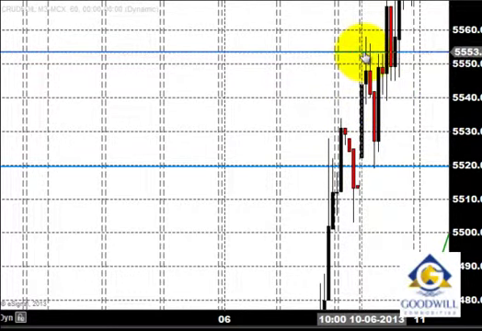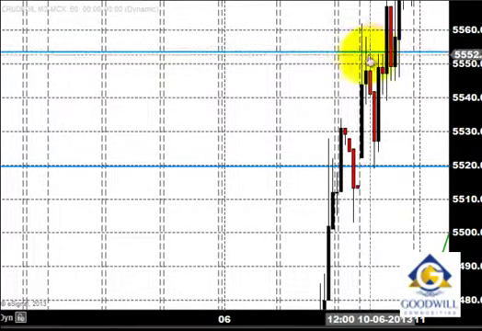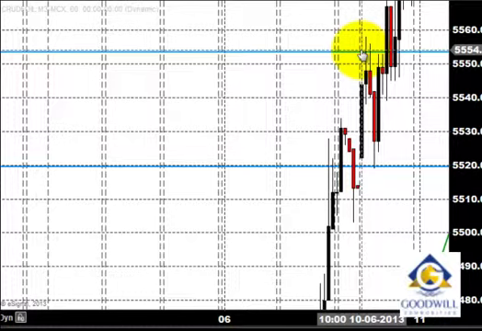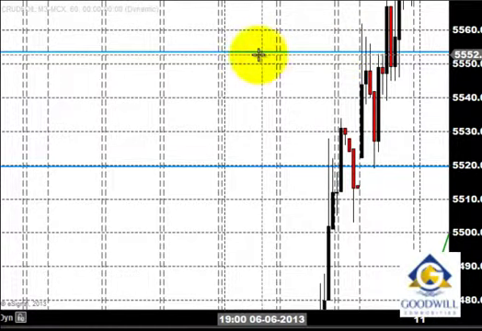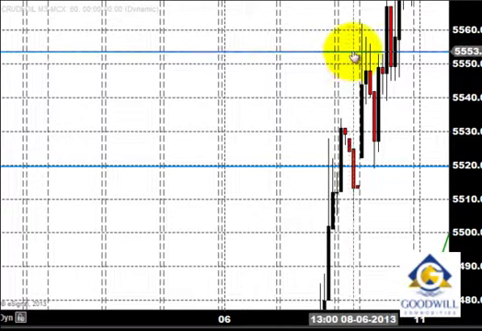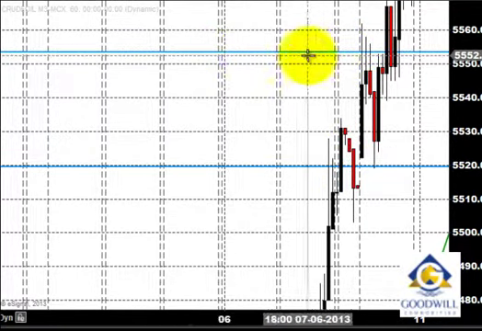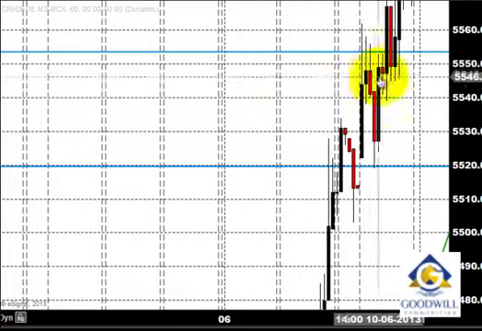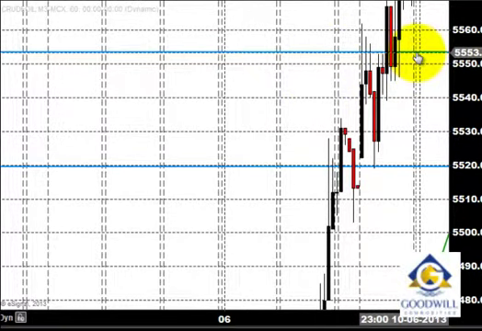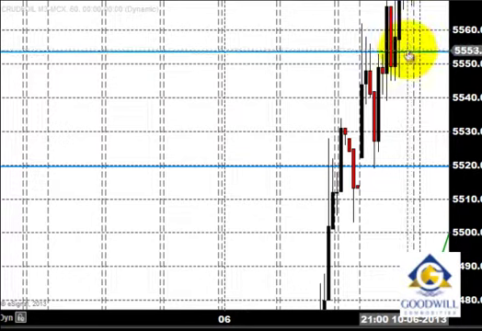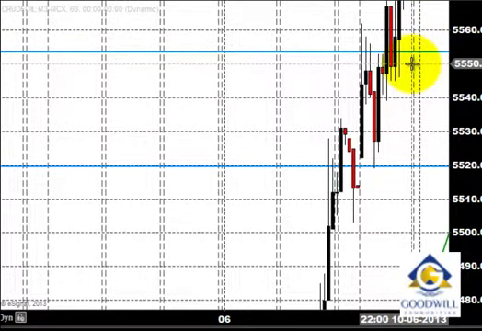Once the price reached the resistance zone, it found resistance here. As usual, support and resistance is a very big concept. Support and resistance is not a single line, it is a zone. So whenever I say 5,554 as a single line, it means plus or minus 5.